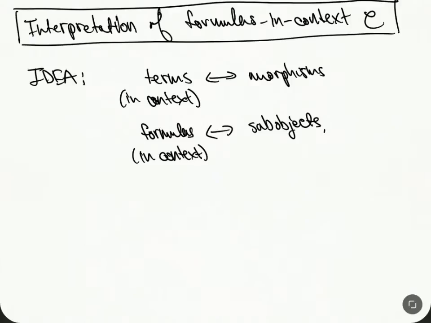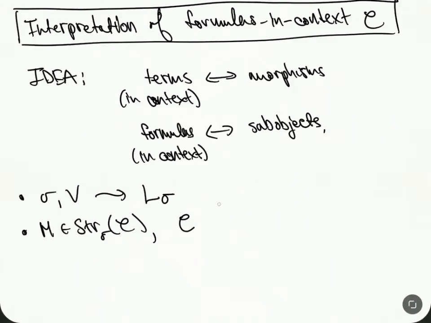Now, let's talk about the nature of these things, and what we actually need. So what do we need to fix? We need to fix sigma and V so that we can talk about our language. And then we also need to fix M, which will be a structure in our crazy category C, where C will be sufficiently rich in terms of what I said previously, and I'll explain what it means depending on the type of formulas you want to interpret.